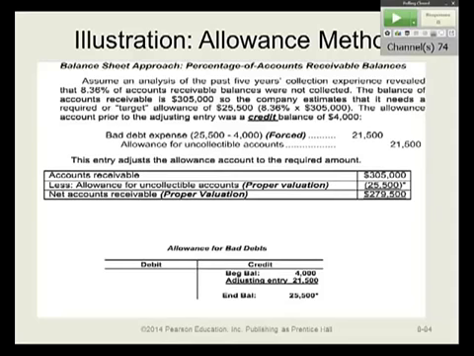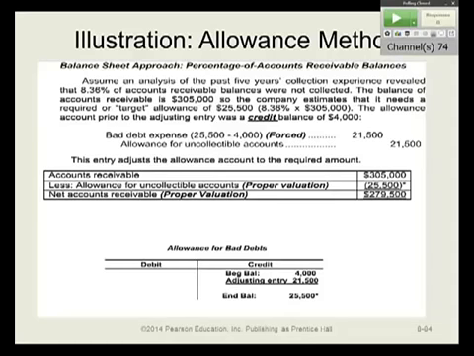When you looked at FIFO, the balance sheet valuation is at current value. It's more likely to be what you would have to pay to replace that inventory, so it gives you a better balance sheet value. But it gives you a lower cost of goods sold, and it maybe overstates profits. So again, there's always a trade-off between balance sheet and income statement perspectives.